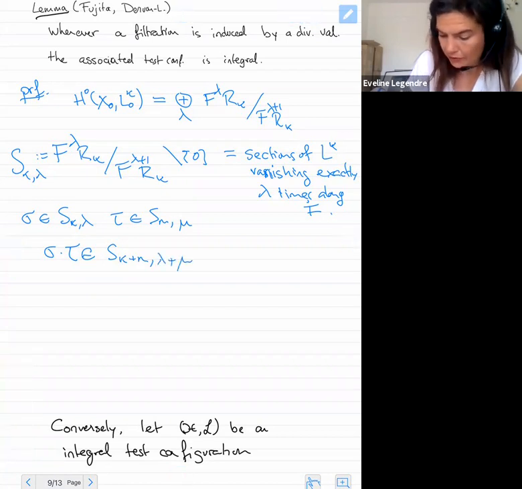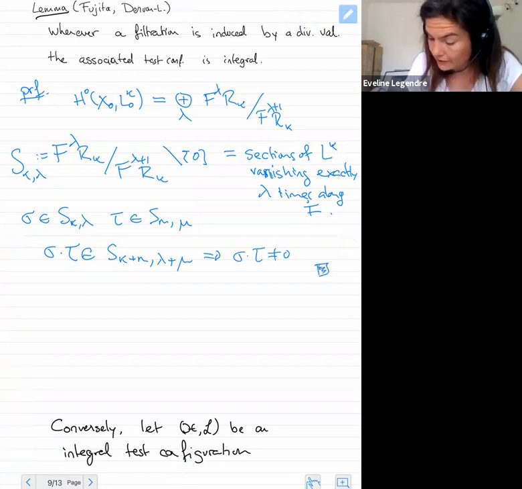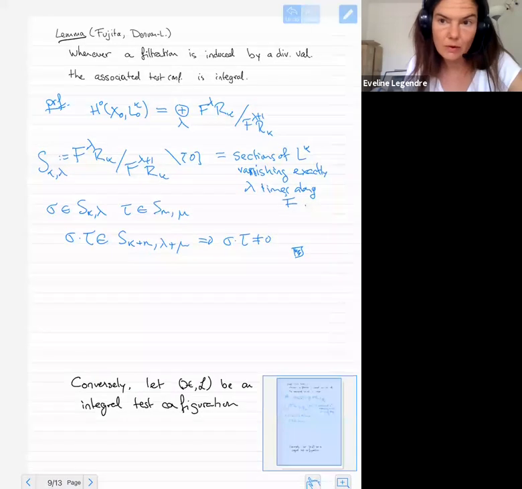And so in particular, sigma times tau is not 0. So it's very simple, but it gives, I think, a good idea of why it works.